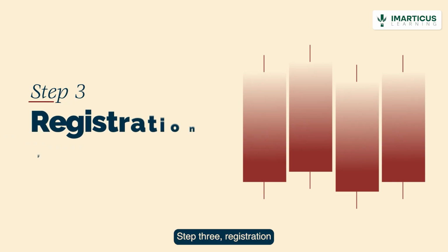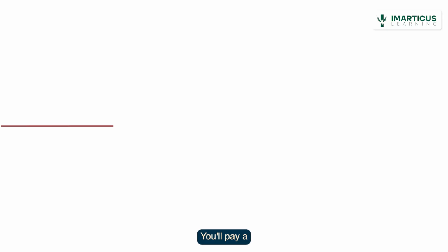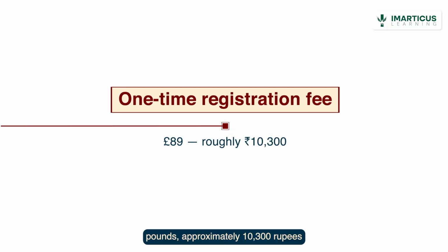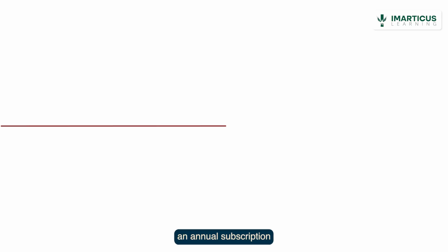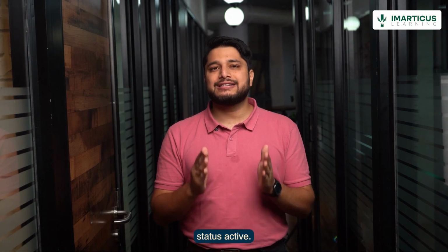Step 3. Registration fees. Now let's talk about the fees. You'll pay a one-time registration fee of £89, approximately 10,300 rupees, to become an ACCA student. After that, there's an annual subscription fee of £122, approximately 14,100 rupees, to keep your student status active.